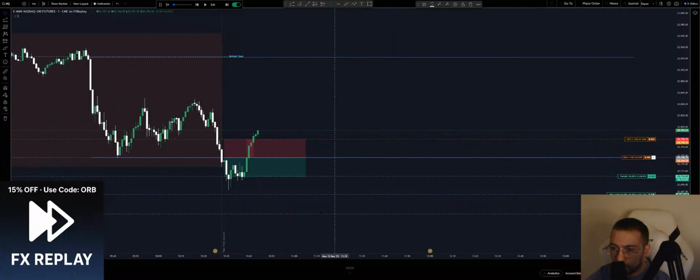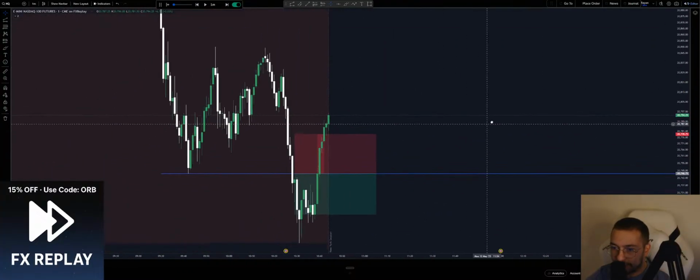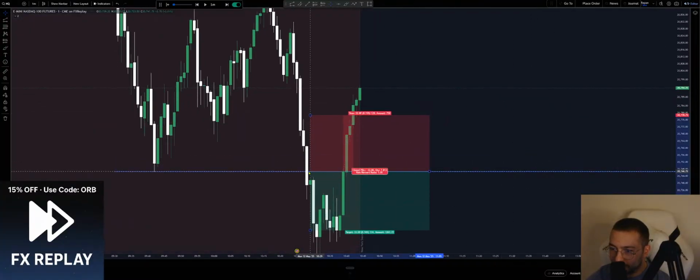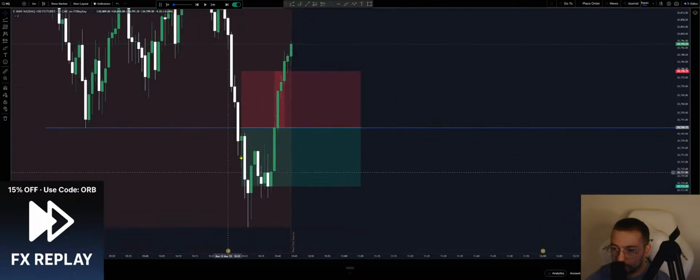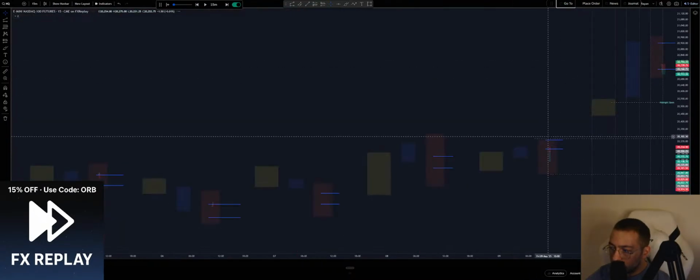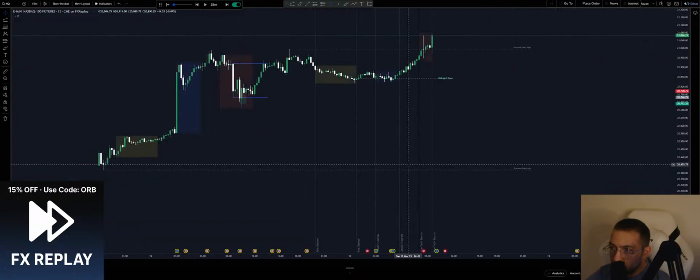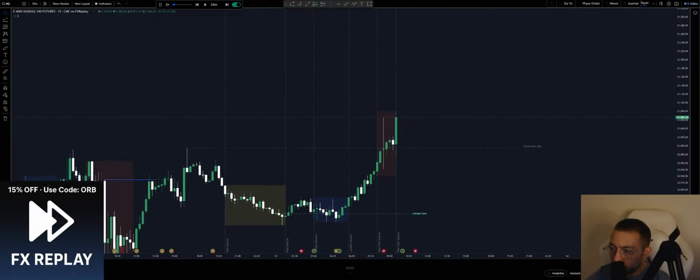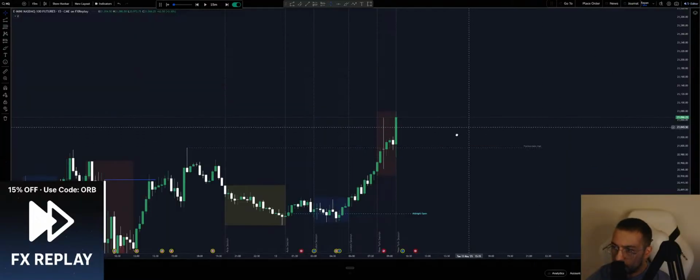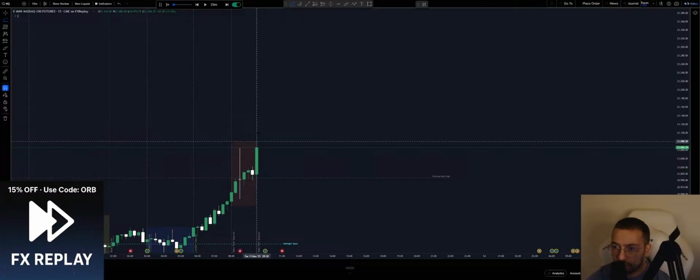Wow, that's very sad. It was really close to filling us in, but it did not. So that was our stop loss. So far we have one stop, one TP to break even, because we took 50% off, so that counts as 2 TPs.